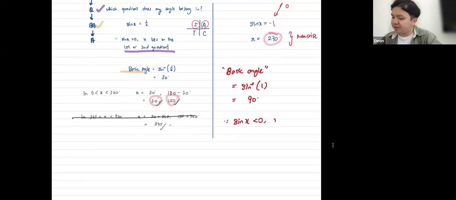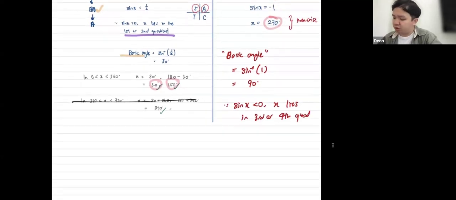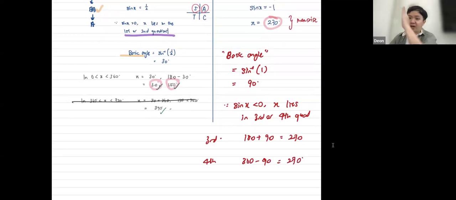Since it is negative, my x lies in the third or fourth quadrant. But when you talk about the third quadrant, it is 180 plus 90, you get 270. The fourth quadrant is 360 minus 90, which is also 270. This 270 lies in the middle.